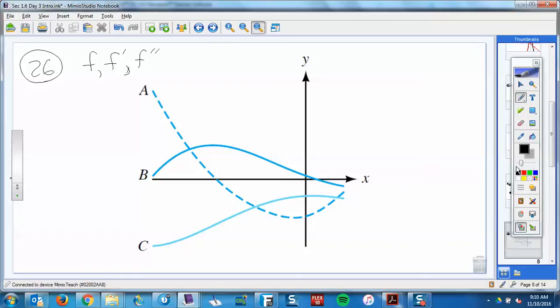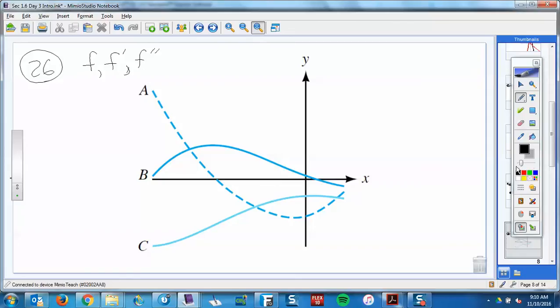So what that tells us then, since I like these connections, is how about we make this F prime and this F double prime, right? And I'll be honest, I think the trick to these problems is to go in and find your roots, because that's where you've got this local max. I think that's the first thing you look for. But now I think that would have to make this be C. Now let's look at that concavity, that new relationship we learned about F double prime.